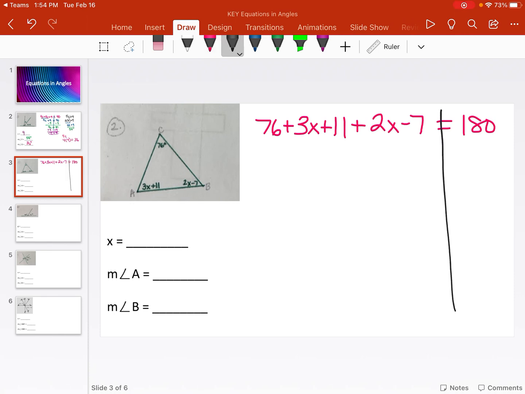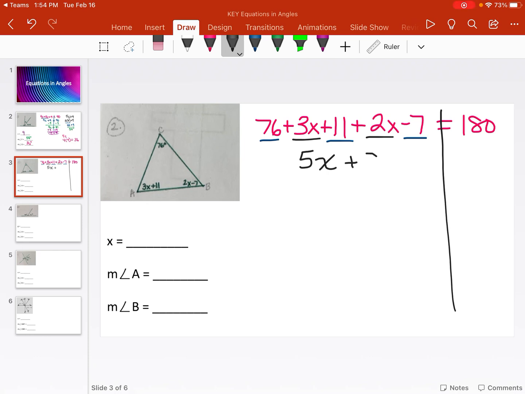Now I'm going to combine my like terms. So I have 3x plus 2x, that's 5x. And then I have my 76, 11, and negative 7. So let's see, 76 plus 11 is 87. 87 minus 7 is 80.